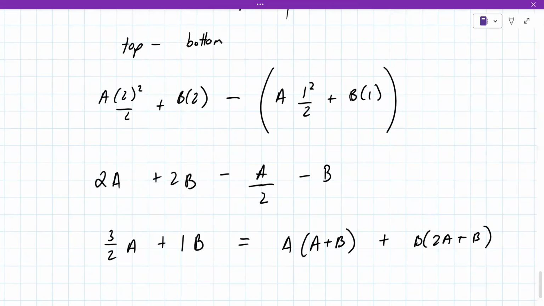So if A is 1/2. Huh. Okay. I don't know. Let's just keep going.